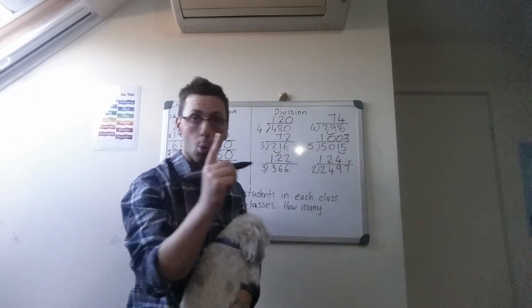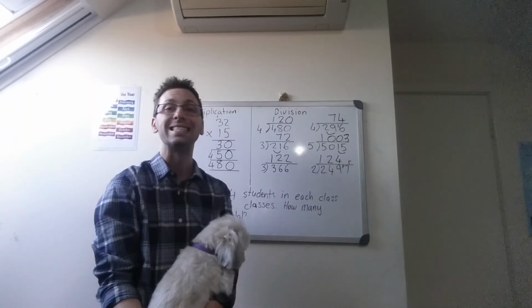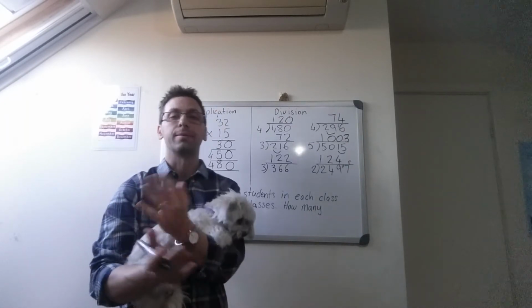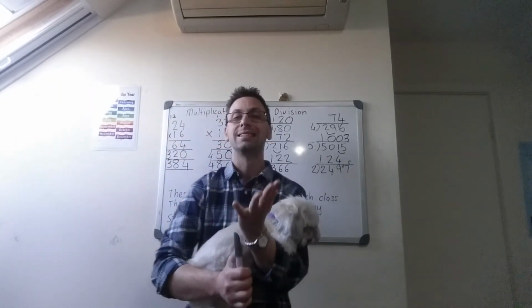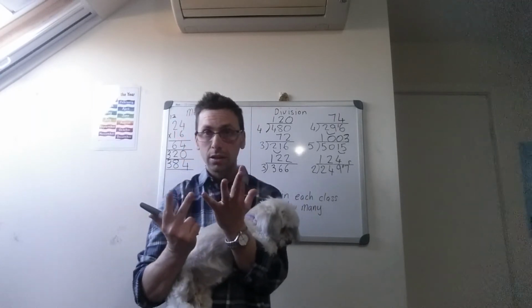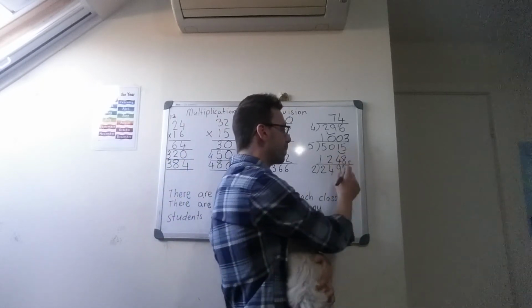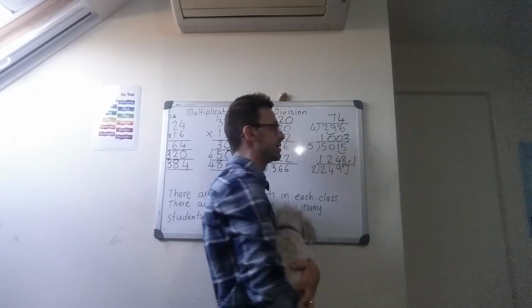There is a remainder, 1. So you put the 1 before the 7 and that turns into a 17. How many 2s are in 17? Skip count with me. 2, 4, 6, 8, 10, 12, 14, 16. So that is 8, but it's 16, and there's one more to make 17, so there's a remainder 1.